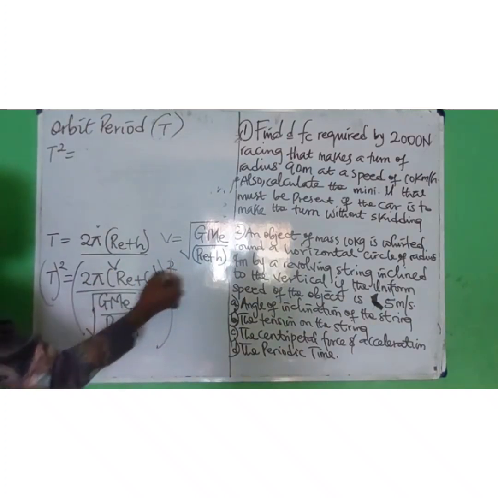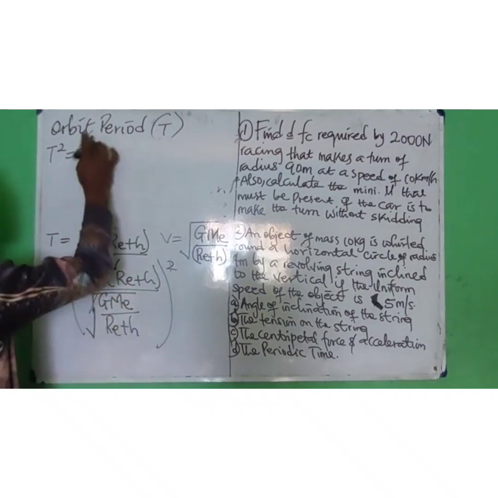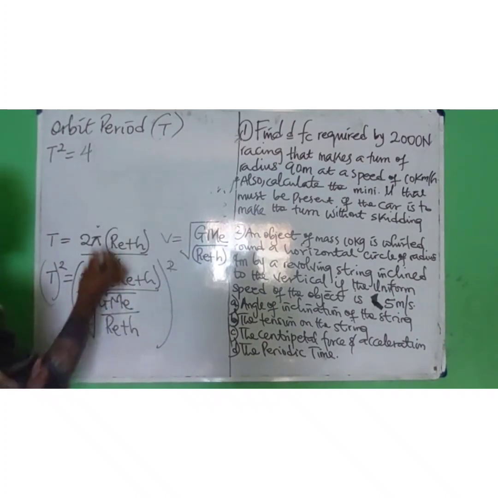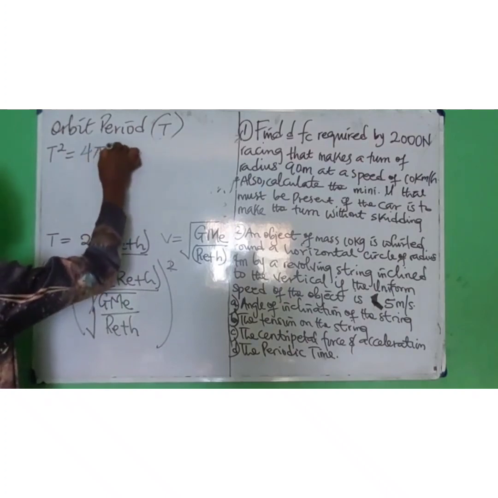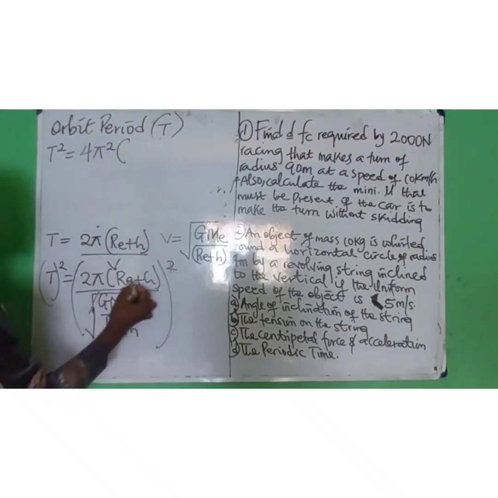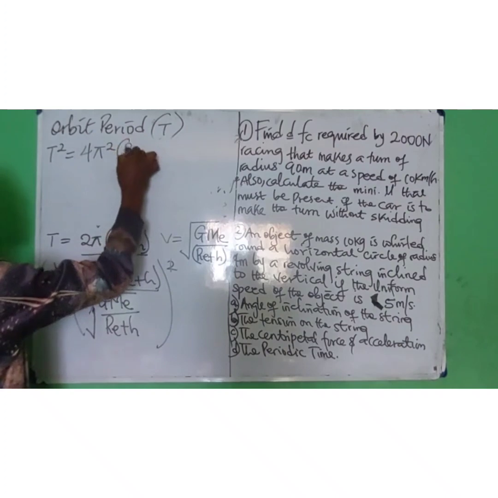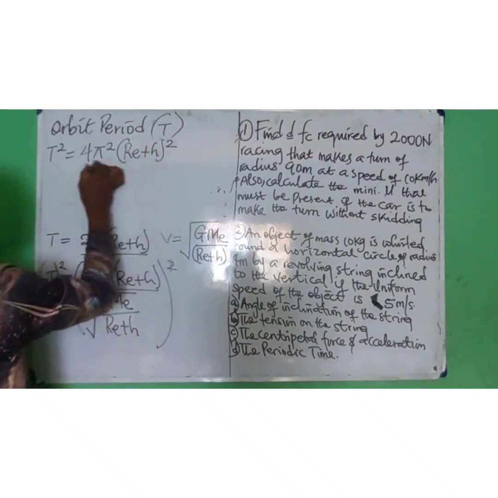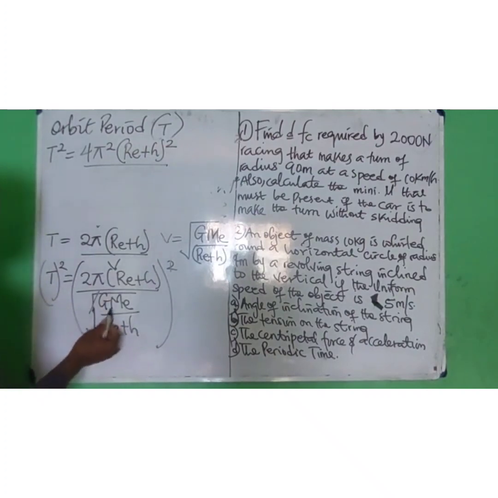So 2 times 2 you have 4, then 2 times pi you have pi squared. Don't forget these two also affect this, you have Re plus h all squared. Then over what I have here is this divided by this, then divided by this. Let me bring it out.